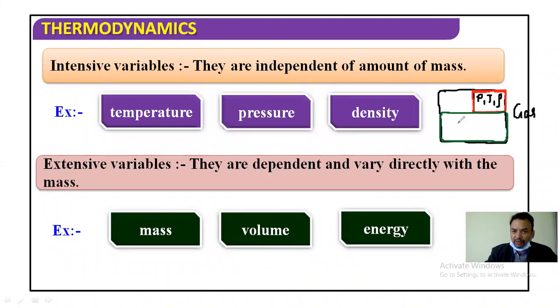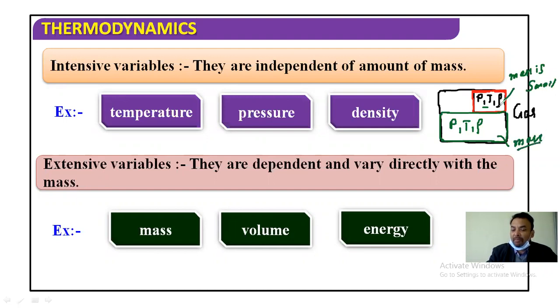In this part, again, if pressure is P, temperature is T, and density is rho, then it means pressure, temperature, and density become intensive variables, because in this small region the mass of the gas is small, but in this region there is a large mass of the gas.